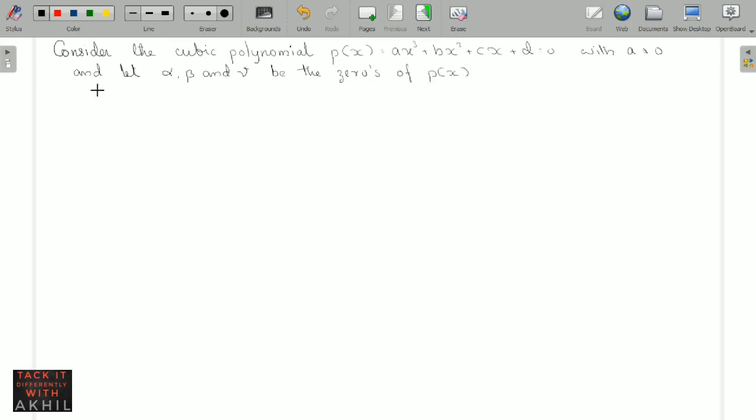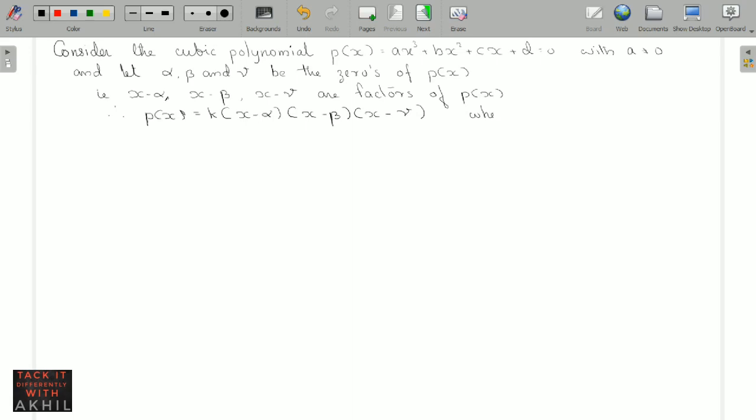That is, x minus alpha, x minus beta and x minus gamma are the factors of p of x. Therefore we can write p of x as p of x is equal to k into x minus alpha into x minus beta into x minus gamma, where k is some constant.